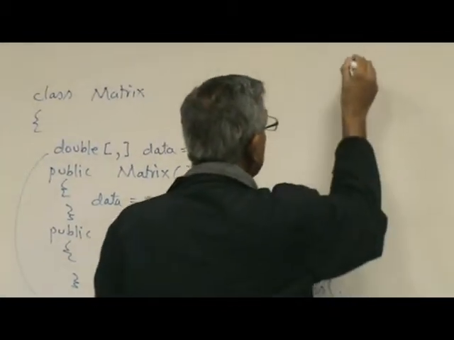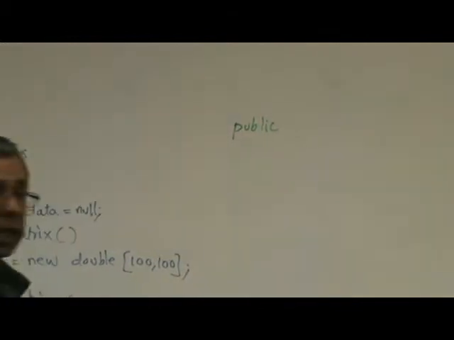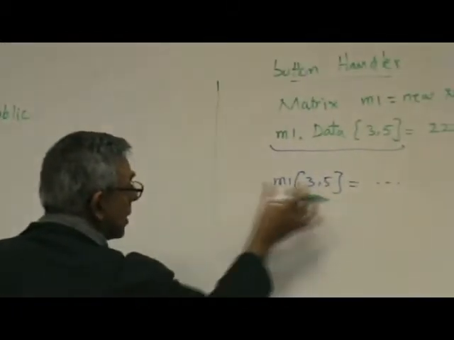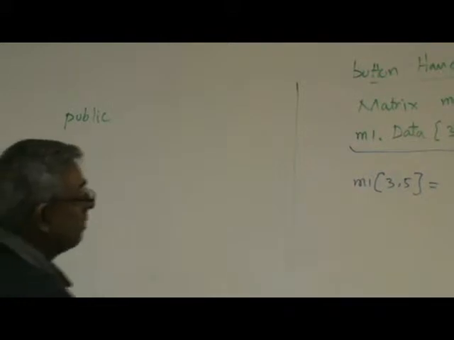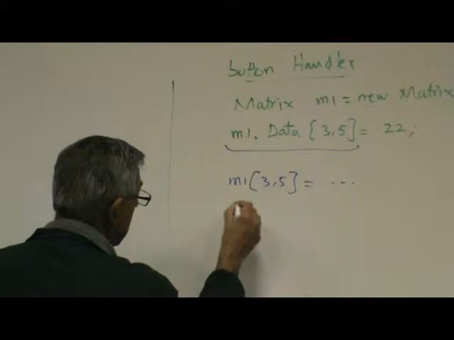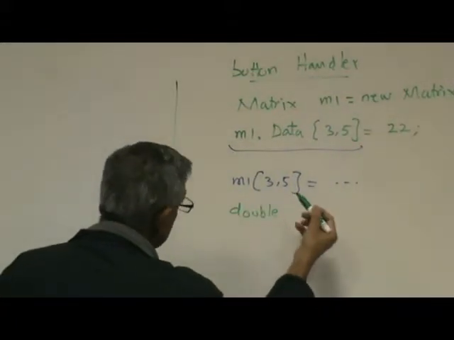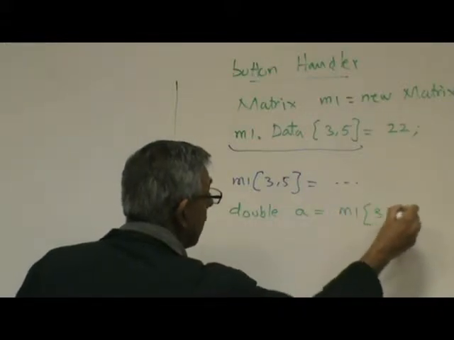So if you remember, indexers are written like a property. So if we are allowing somebody to write it like this, first let me take the easy part first. So suppose we wanted to say double, let's say, something A equal to M1 of 3 comma 5.